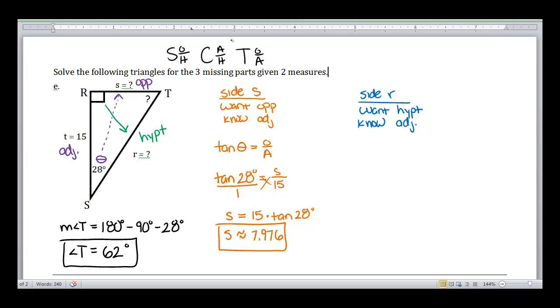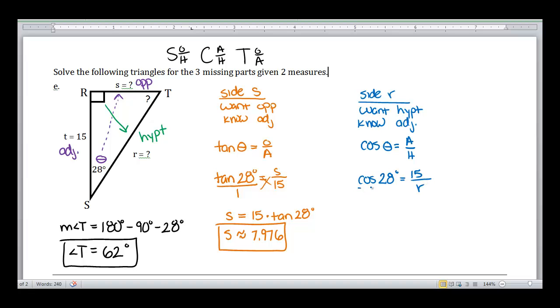So looking again at my 3 functions, cosine uses both the adjacent and the hypotenuse. And so that's the function I would want to use to solve for side R. So again, I want to plug in what I know. Theta we said was 28 degrees. The adjacent side is a length of 15. The hypotenuse is again what I don't know, side R.